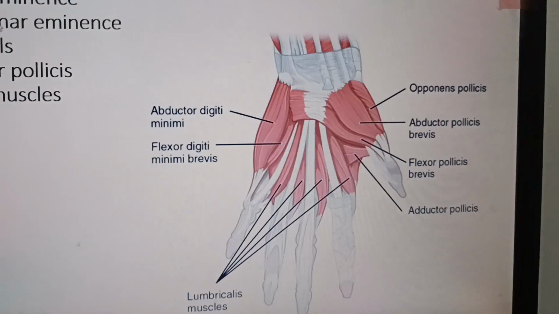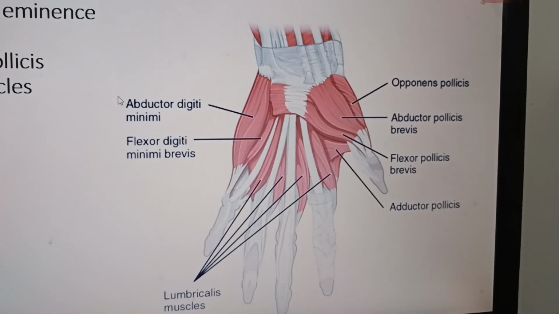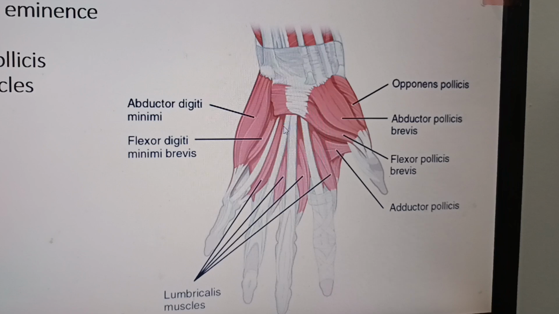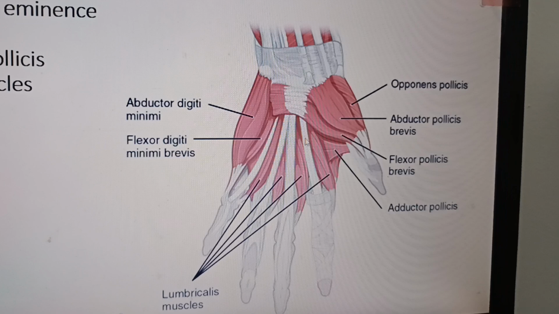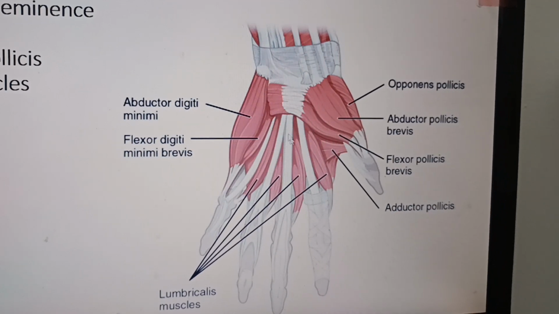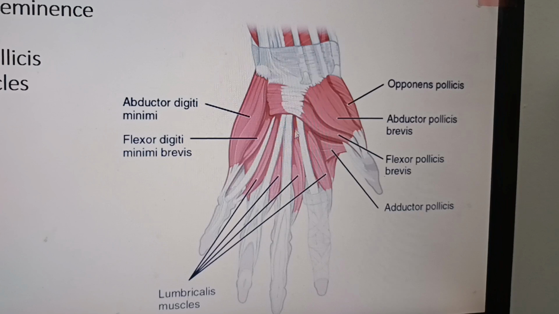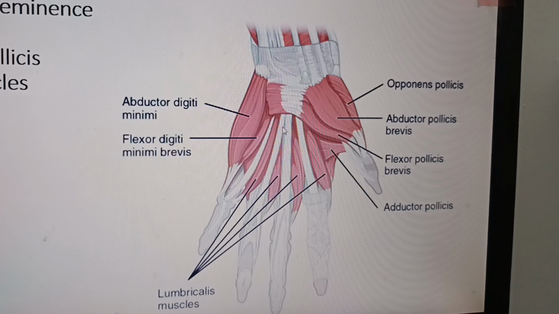Now let us look at the other muscles which can be appreciated in this picture. Can you make out this white structure? These are the tendons of the flexor digitorum profundus, or the deep flexor tendons, which you see as white stripes. From these tendons you can see the lumbricals.